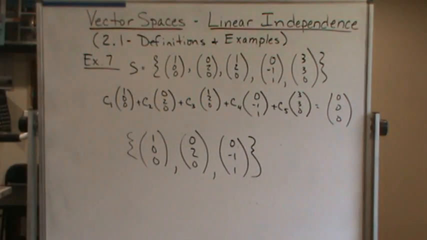So those three vectors are a linearly independent set of vectors that span the same space.